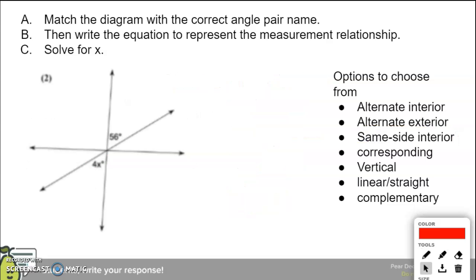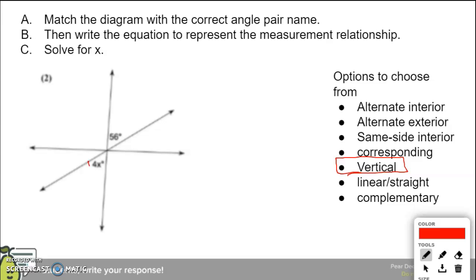Okay, what about this? What is the angle relationship? Well, it's transversals, or they're intersecting lines and they're across from each other, and so they are called vertical angles. And what do we know about vertical angles?